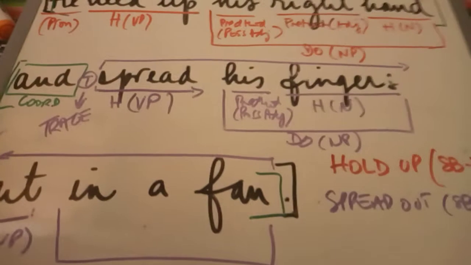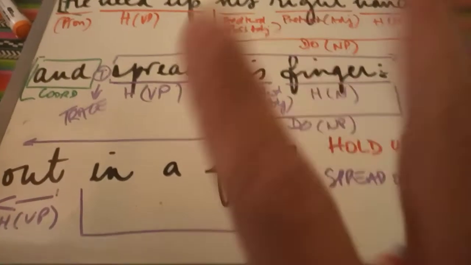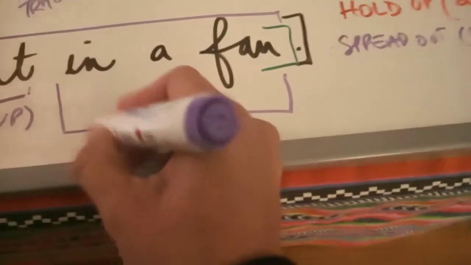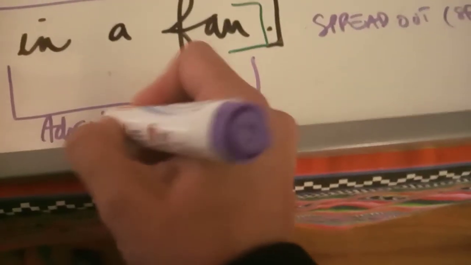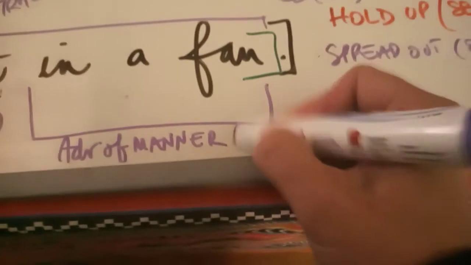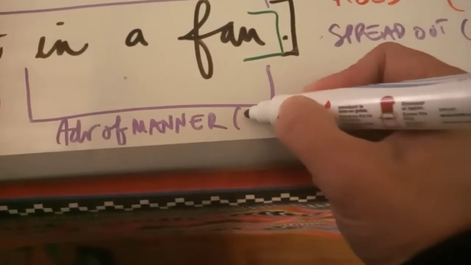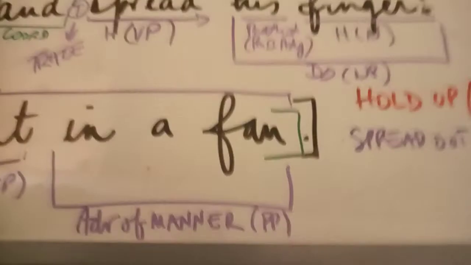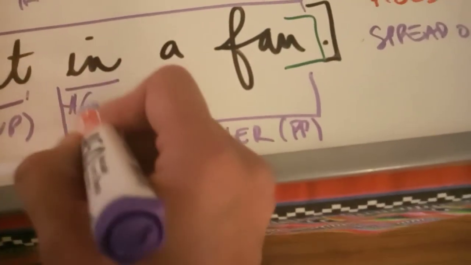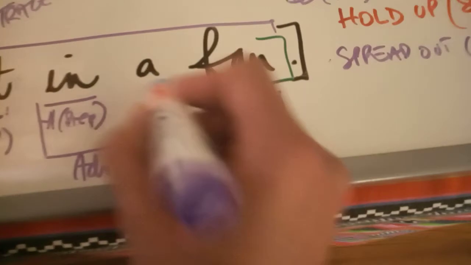So if he spread his fingers out in a fan, right? This appears to be an adverbial of manner. This is how he did it, yeah? And it is a prepositional phrase, okay? The head of the phrase is the preposition.